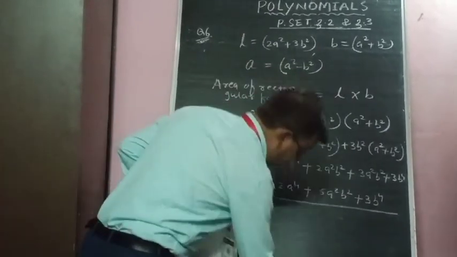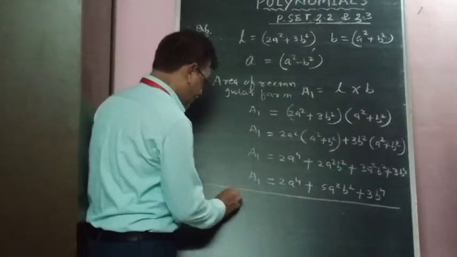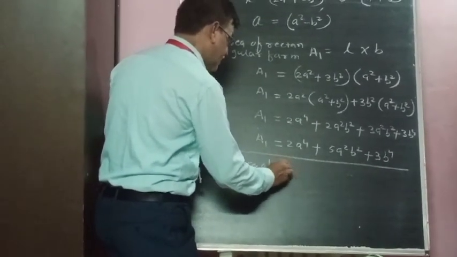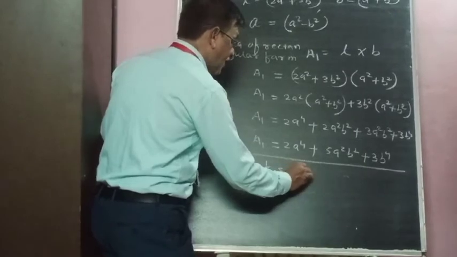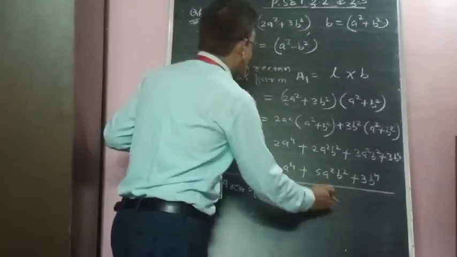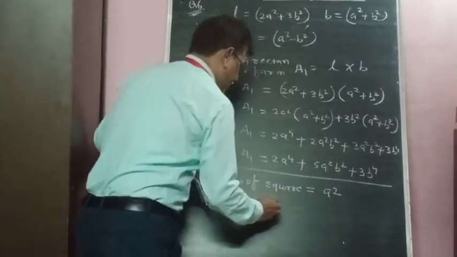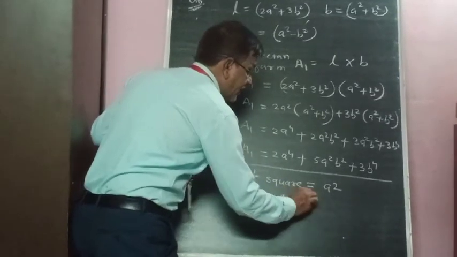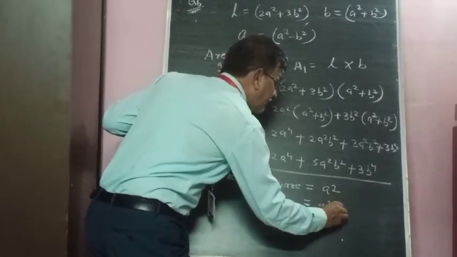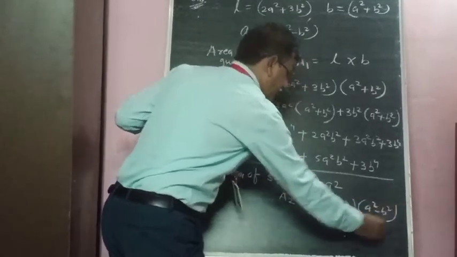Okay. Now you have to find the area of the square-shaped house. Area of square, what is the formula? Side square. Side is a square minus b square, so area A2 is equal to a square minus b square into a square minus b square.